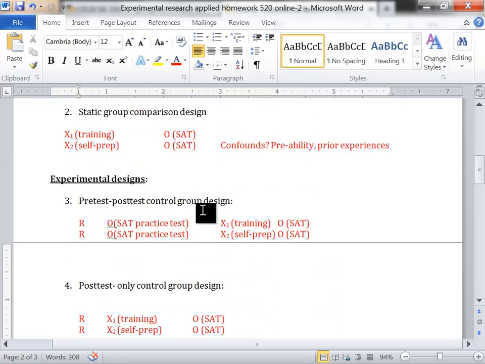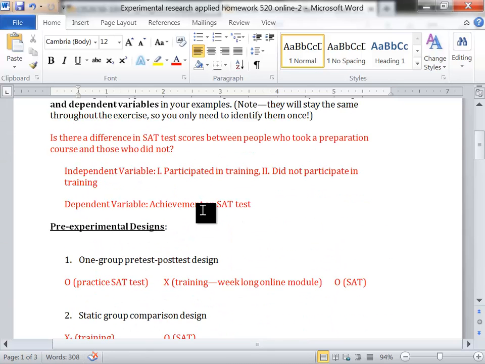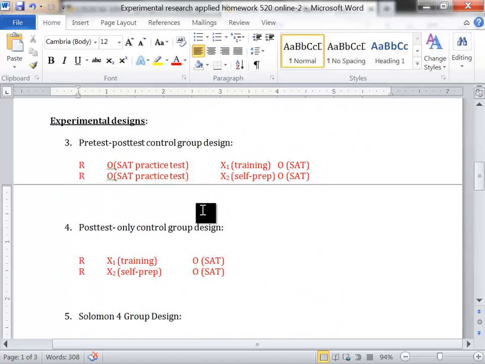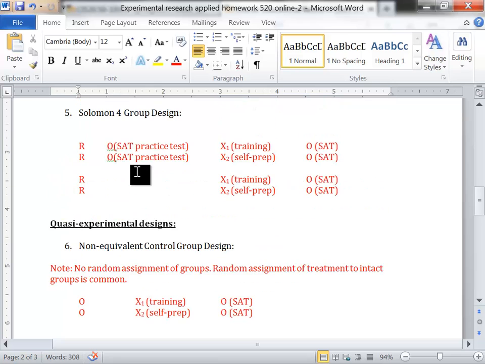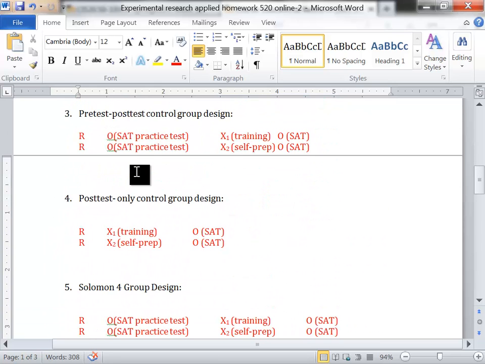So from my research question, is there a difference in SAT test scores between people who took a preparation course and those who did not? Which is the best? Which design would I recommend? Well, if I think the practice test is going to contribute significantly to learning, I would use the post-test only control group design, and that is this one here.